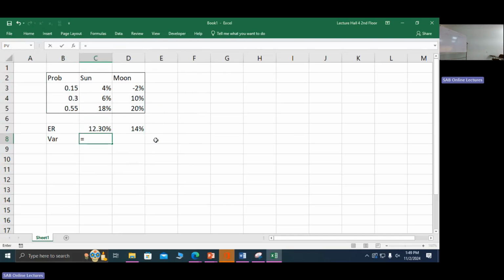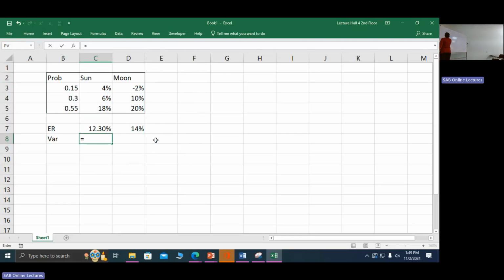Variance is the deviation of the forecasted return from the expected return, squared, times the probability. Here the expected return is 12.3.